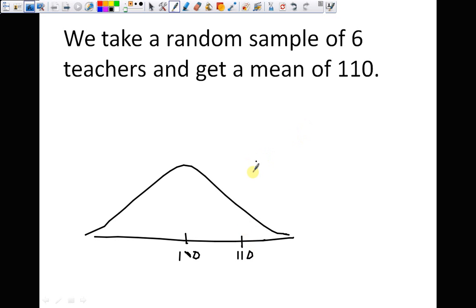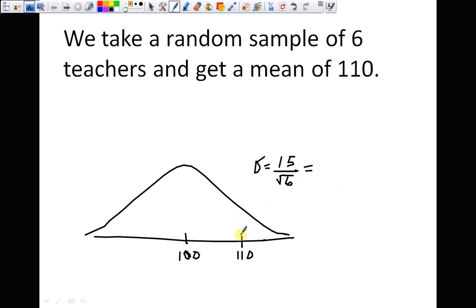And we know the standard deviation. So what we're actually looking at here is the sampling distribution of sample means of size 6. If the true mean really is 100, every time you take a sample of size 6, you're going to get a certain sample mean, but the most probable value is going to be 100. But how spread out it is, the standard deviation, we know is 15 divided by the square root of 6.